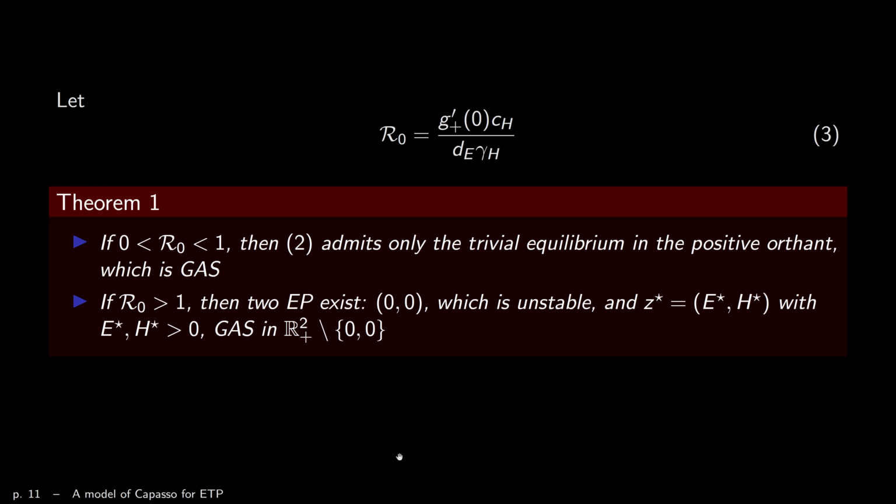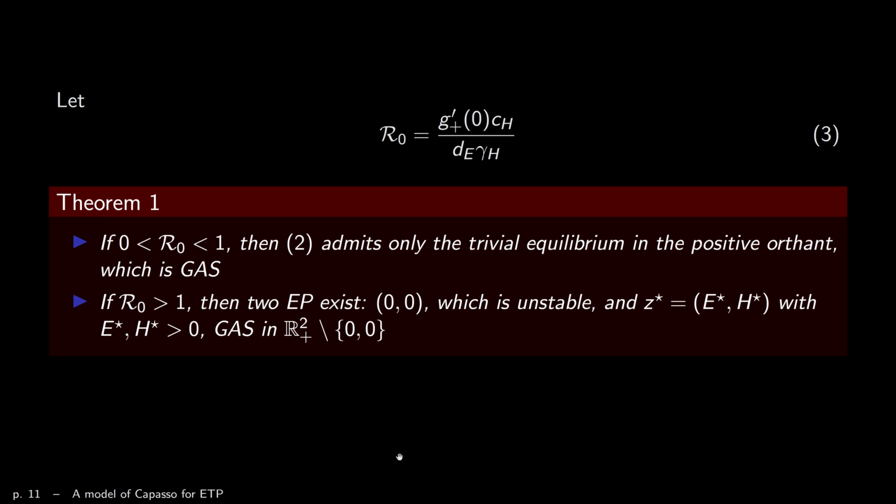It takes the form of the ratio between the product of the incidence function, the derivative of the incidence function at 0, multiplied by how fast humans are contaminating, okay, divided by the product of dE and gamma H, where 1 over dE is the mean lifetime of the pathogens, and 1 over gamma H is the mean duration of the infectious stage of humans.